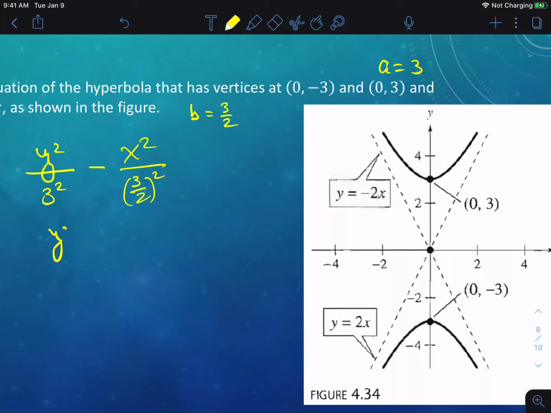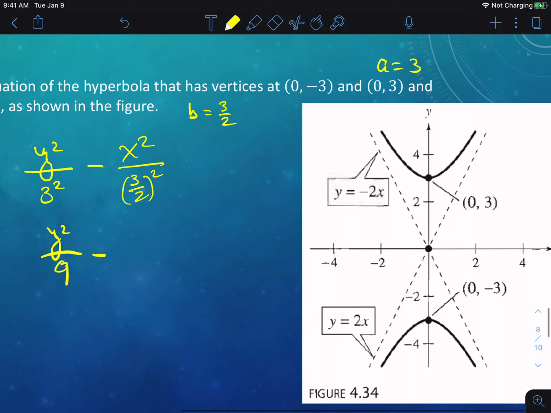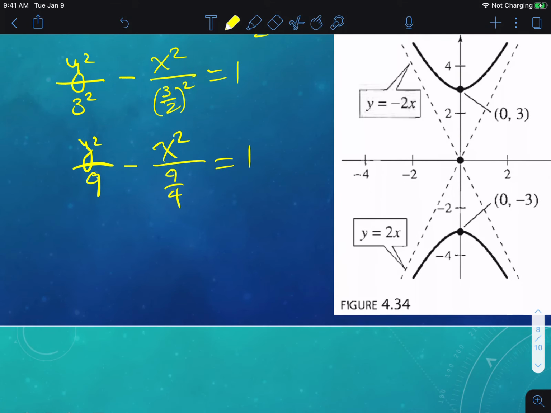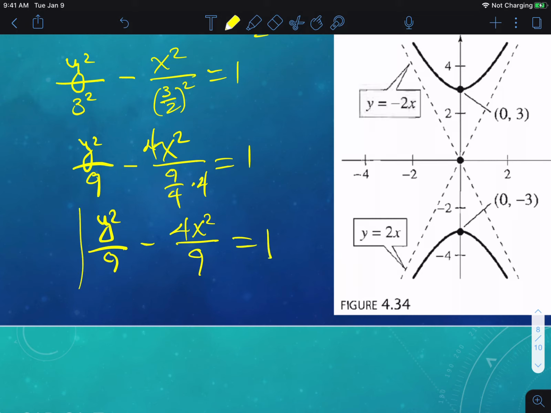This is y squared over 9 minus x squared over 9/4. And this is equal to 1. And that's pretty much it right there. Now we can clean this up a little bit. So when we do this right, it's going to be y squared over 9 minus, and we're going to call that 4x squared over 9, and that equals 1. And there is the equation of our hyperbola.